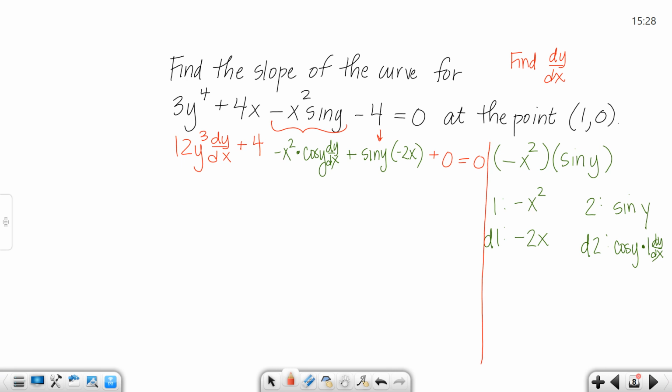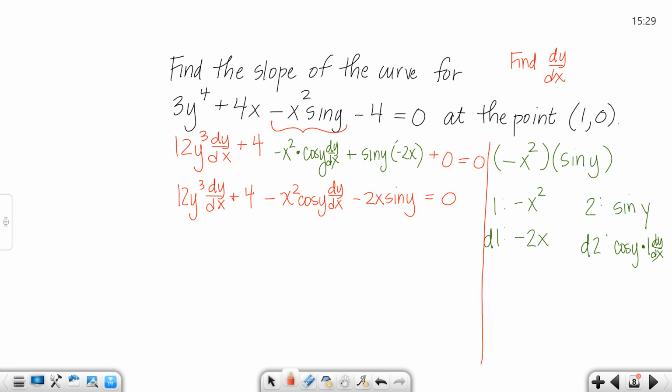So that's how it looks to there. So what I get is 12y cubed dy dx plus the whole number 4 minus x squared cosine of y dy dx minus 2x sine y equals 0.